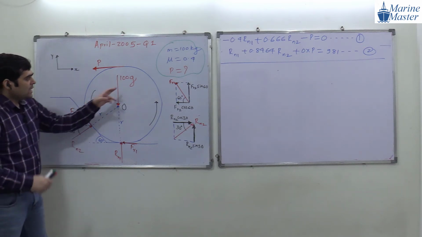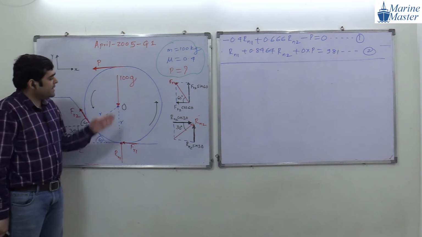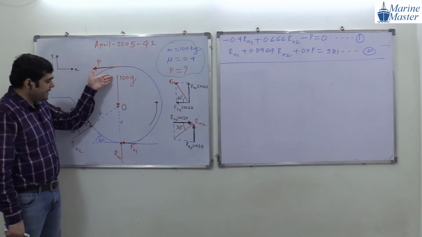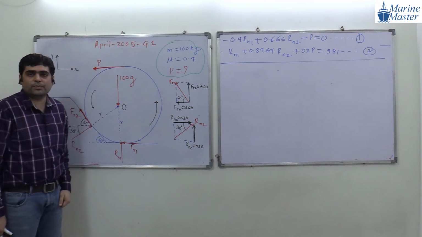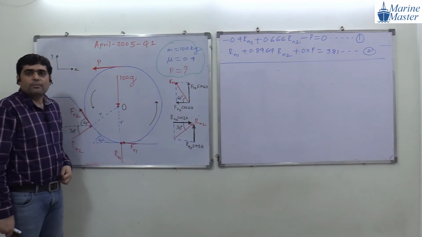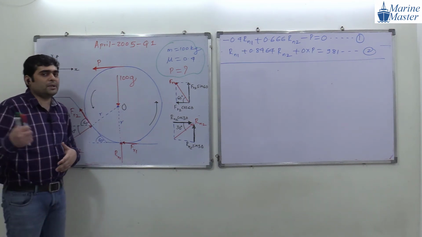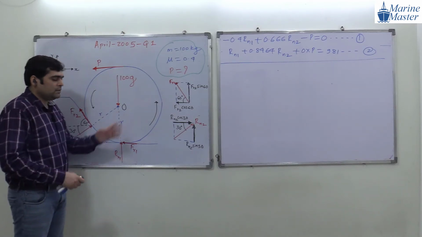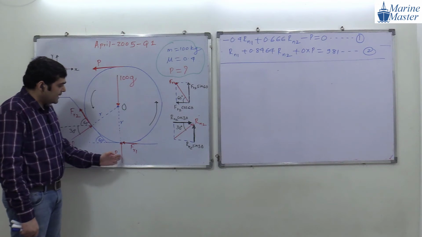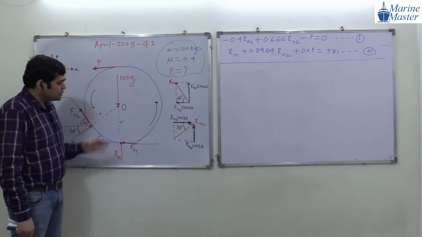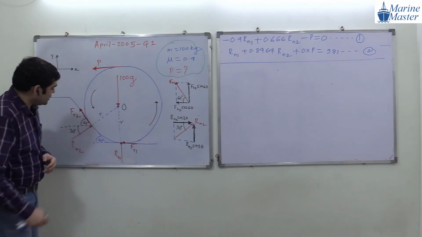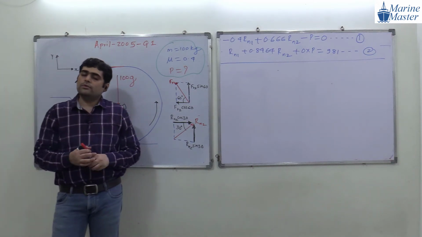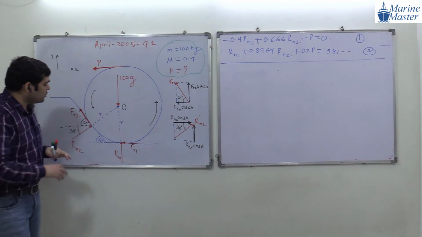What about 100G? 100G is passing directly through point O, so the moment due to 100G will not come into the picture. Then Rn1 is also passing directly through point O, so Rn1 will also not come into the picture. Then Rn2 is also passing through point O, so Rn2 will also not come into the picture.